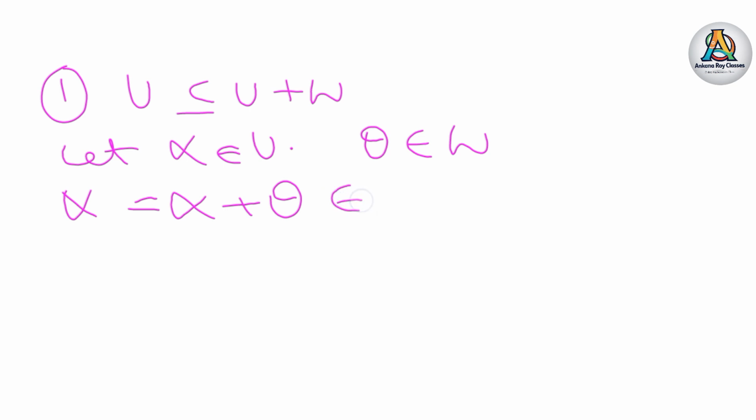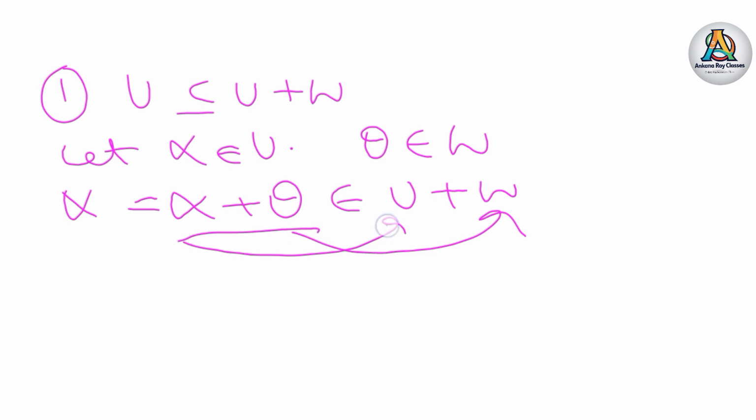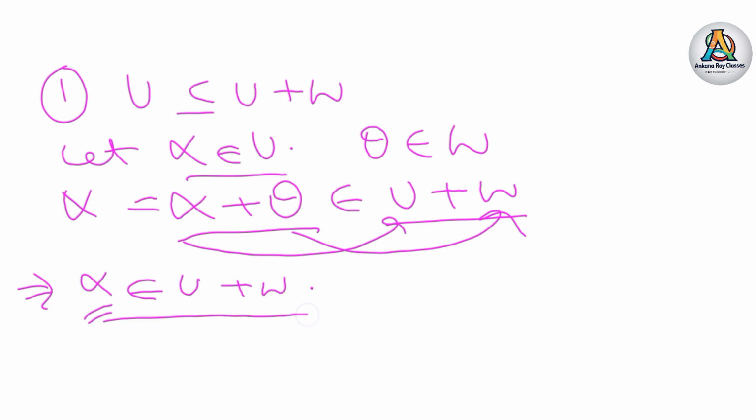Therefore, it belongs to U plus W because alpha belongs to U and theta belongs to W. So, alpha plus theta belongs to U plus W. This implies alpha belongs to U plus W. Here, alpha is an arbitrary element in U. So, for every alpha belonging to U, alpha belongs to U plus W. Therefore, U is a subset of U plus W.